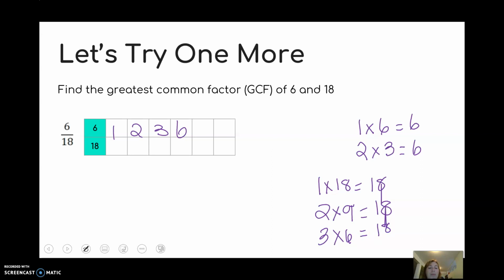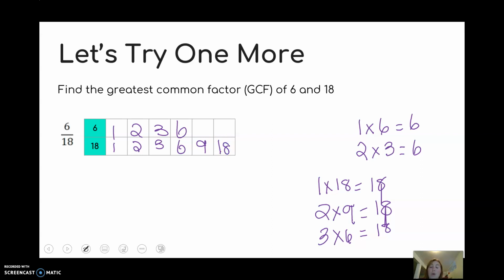And I see that our number here is 9. So I can stop when I get to 9. That's the largest, when I would start repeating. I would think about my 8s, and nothing times 8 equals 18. So I can stop here. Our factors are 1, 2, 3, 6, 9, and 18.